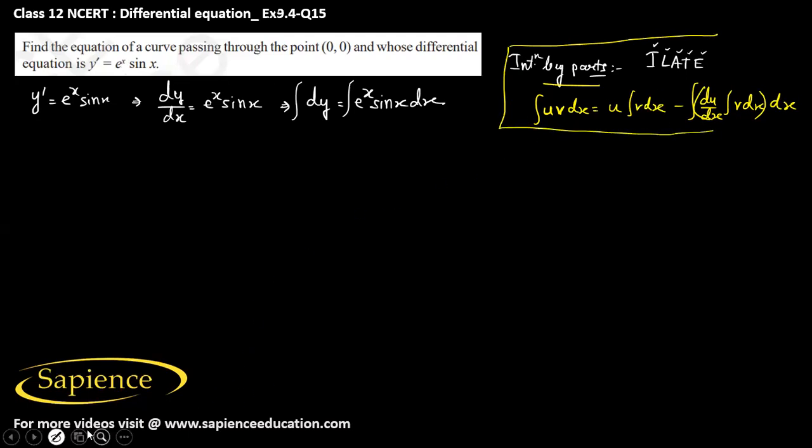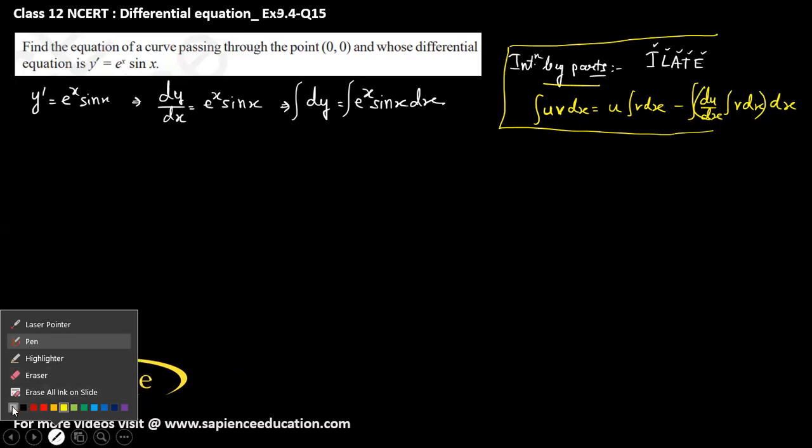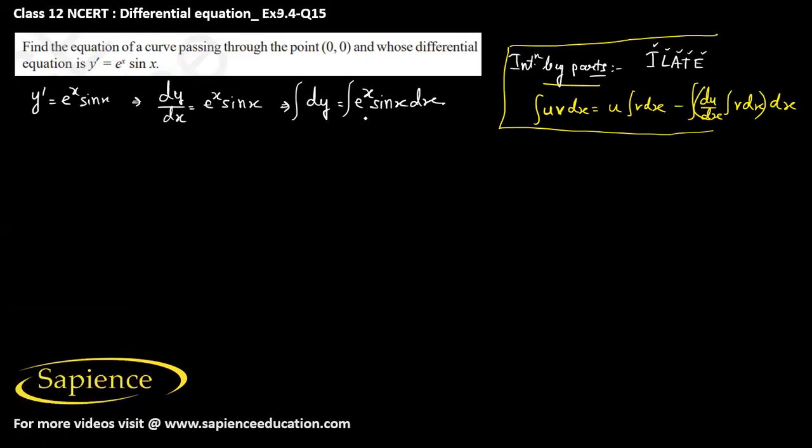So now here we have to take this e power x as the second function, that is the v function. So integral dy is y, then we will do sine x integral e power x dx, then minus integral of d by dx of sine x into integral e power x dx, then the whole of that integral dx.